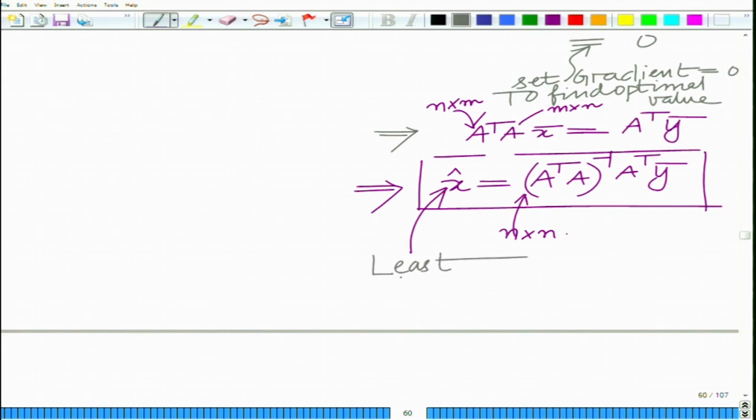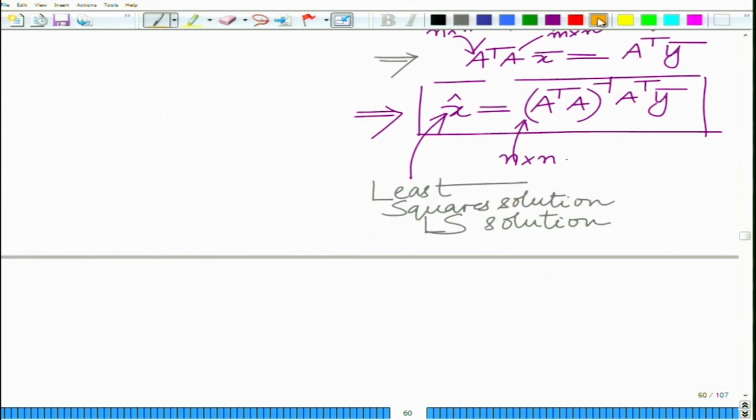It is a very compact and elegant form. The least squares problem is also termed as the LS, and this assumes that A transpose A is invertible.